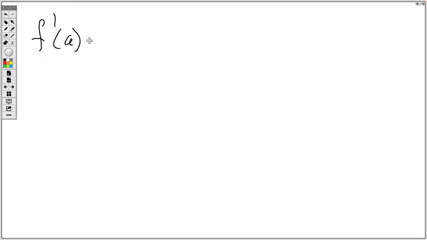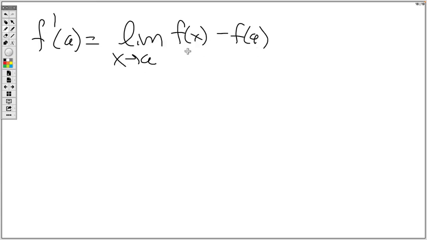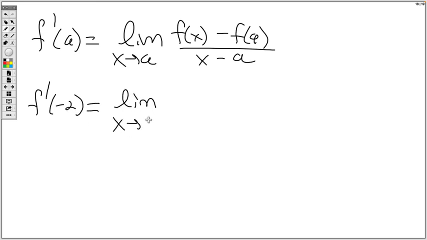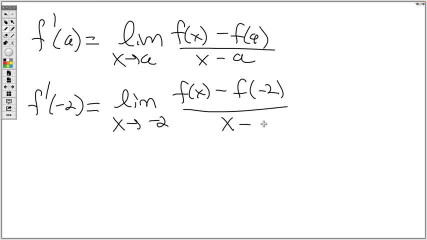So f prime at a is the limit as x approaches a of f of x minus f of a over x minus a, which means f prime at -2 would be the limit as x approaches -2 of f of x minus f of -2 over x minus -2.